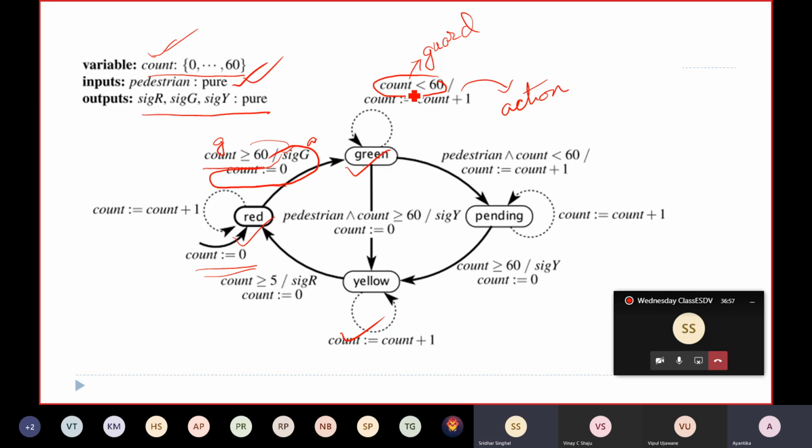In the guard part you write the transition condition, and in the action part, if we are going with the extended FSM, we generally write how the variable is changing. Here we have also defined which signal we are setting high, which is the action of this transition.